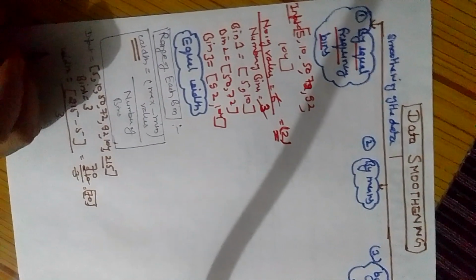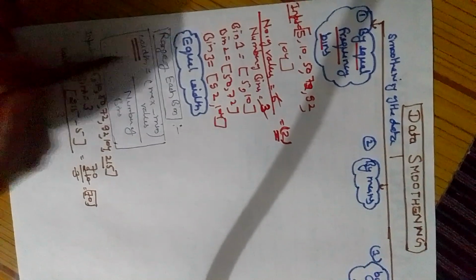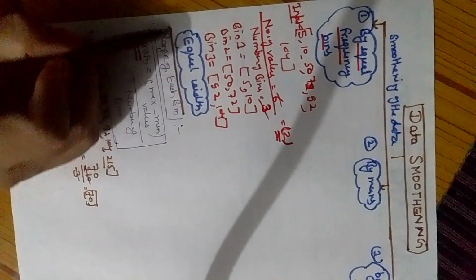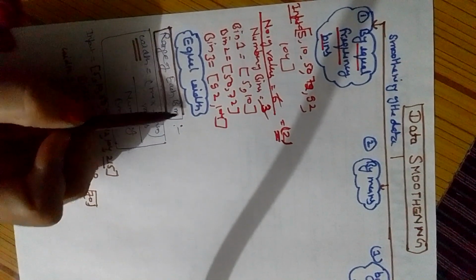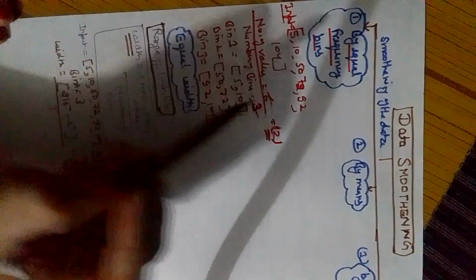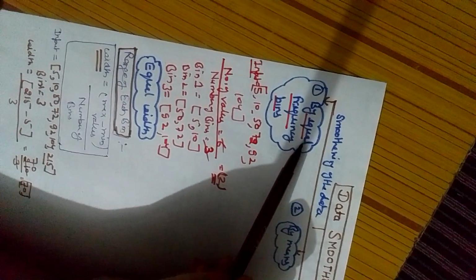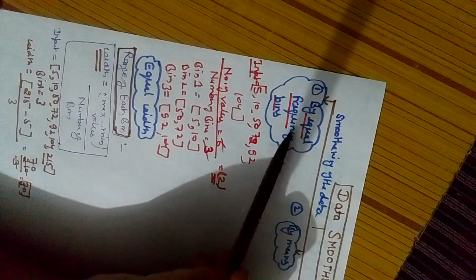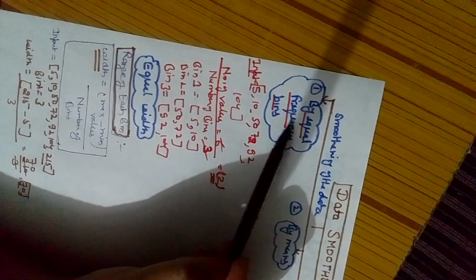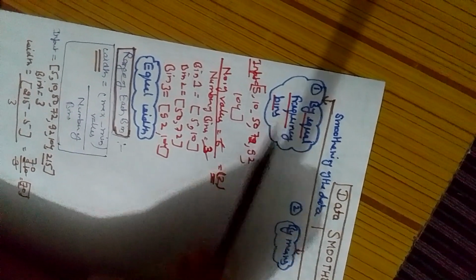Now we have to calculate the range of each bin. Earlier, we were calculating the frequency of bins, equal frequency bins.